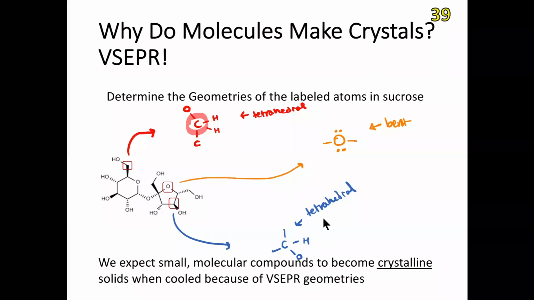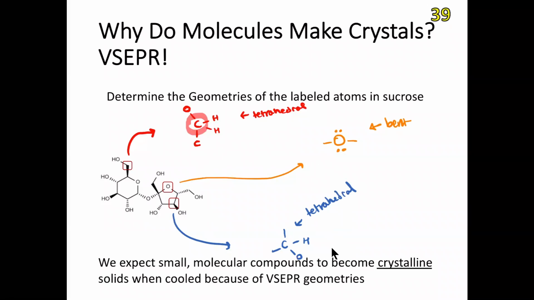They make very organized crystalline solids because at each position we have very specific geometries. Tetrahedral with its specific angles, bent with, again, very specific geometries. What we're getting at is that molecular solids are like ionic solids. They can be crystalline and share that sort of particle picture.